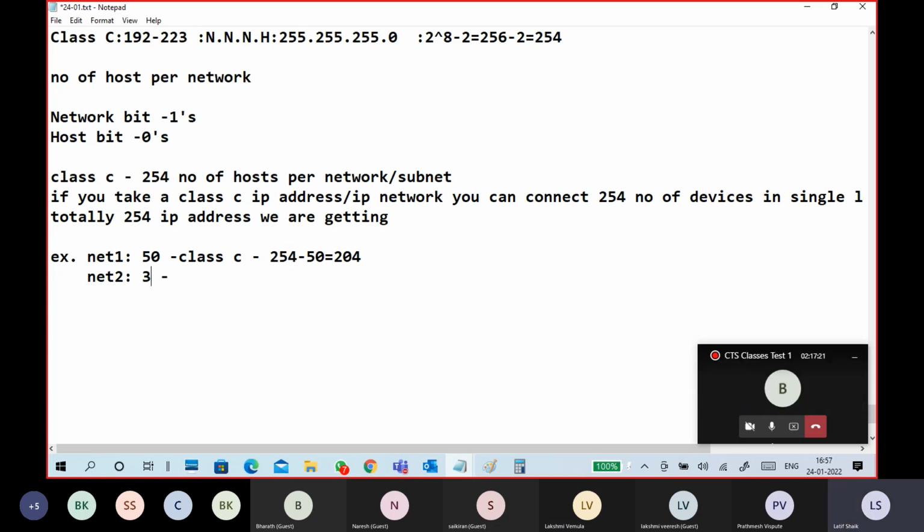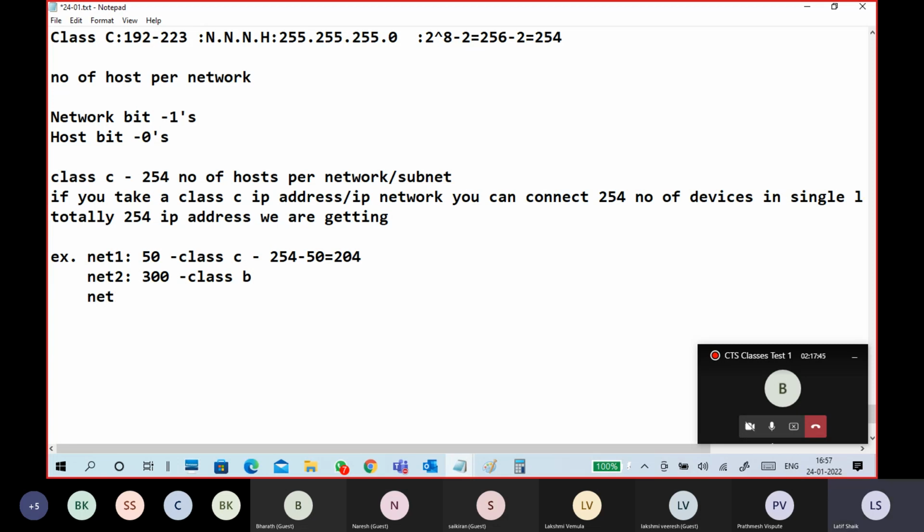Now I have 300 devices. We can go Class B, compulsory, no choice. You should go to Class B only because Class C is 254, so you cannot connect 300 devices in a single network. So you have to choose the IP address from Class B only, even though there is wastage.